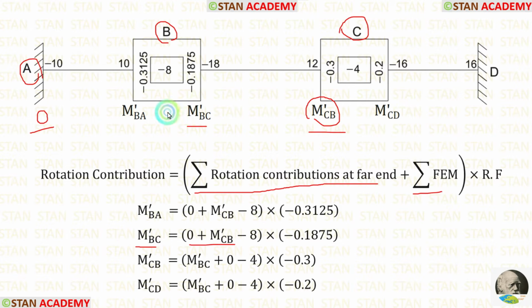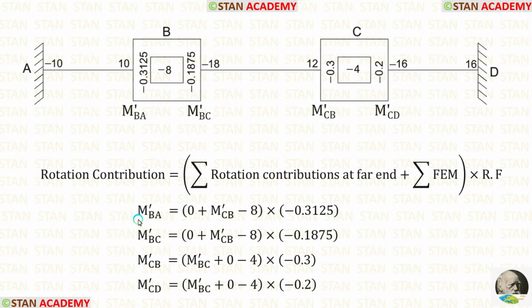The summation of fixed end moments is -8. The rotation factor for BC is -0.1875. You can see that for M'BA and M'BC, all of the values will be same except the rotation factor.